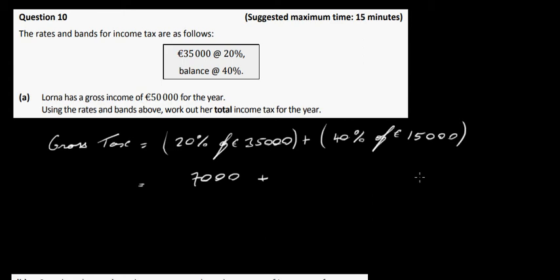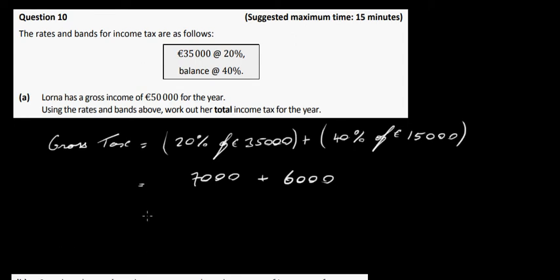40% of, let me just work that out. We got to get 0.4 multiplied by 15,000. That's 6,000. So she has to pay 6,000 on this 15,000 euros here.